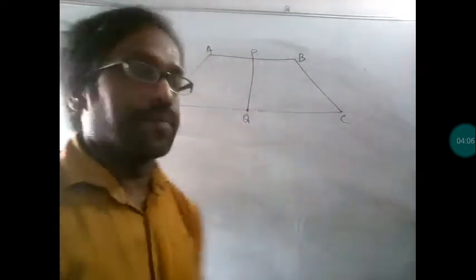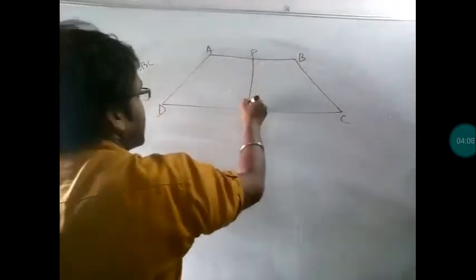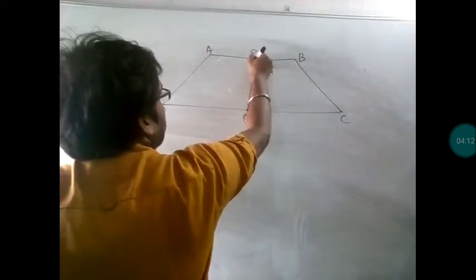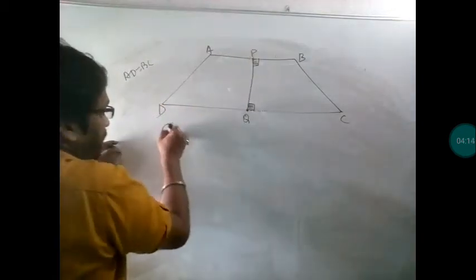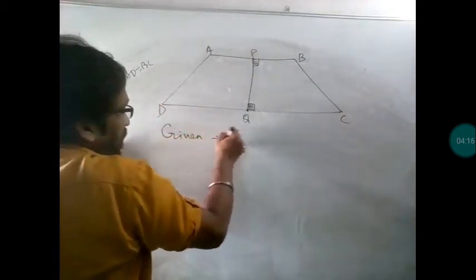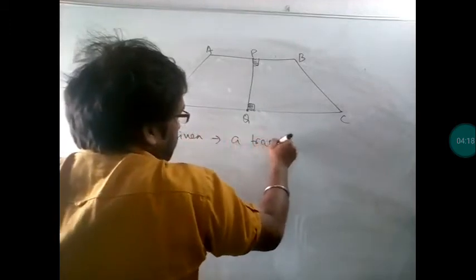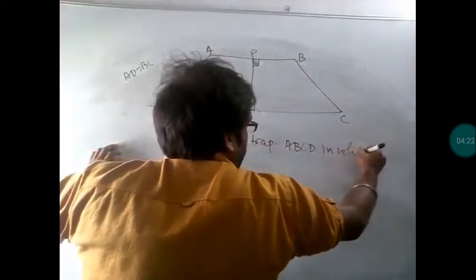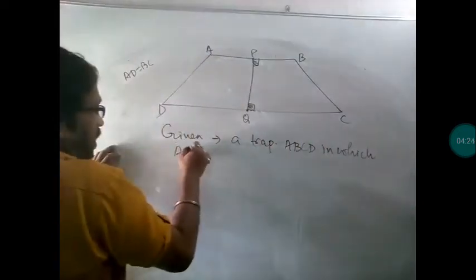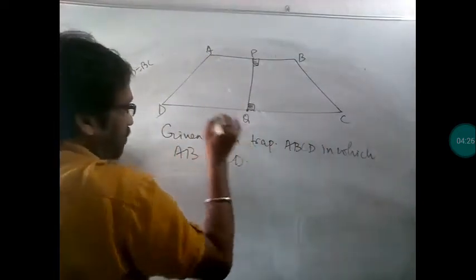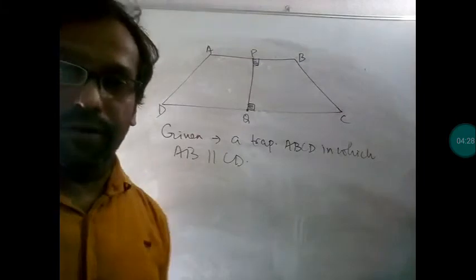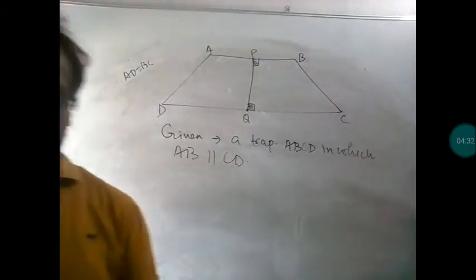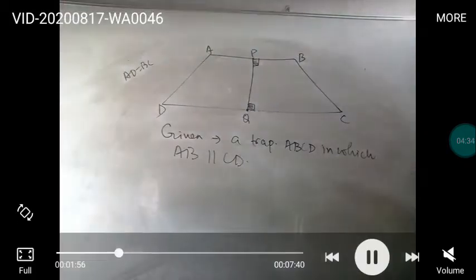Okay, the rule of geometry: write the given parts. These two angles are 90 degrees. Given that ABCD is a trapezium in which AB is parallel to CD, and these are the parallel sides.